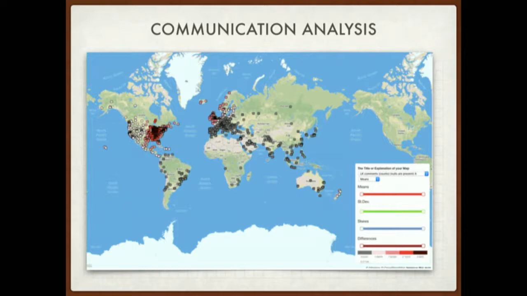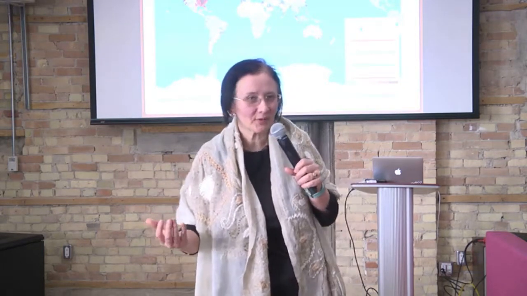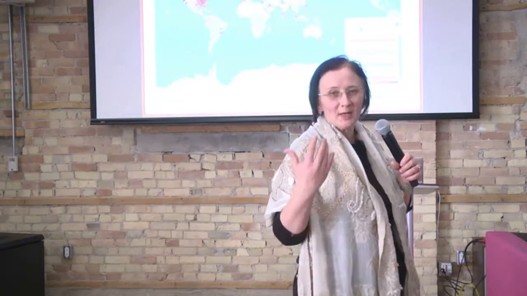What does it tell you? It tells you that all comments were in English, and all communication was in English, but perhaps people needed a translation of some comments and some descriptions of images, and perhaps they would have contributed more.